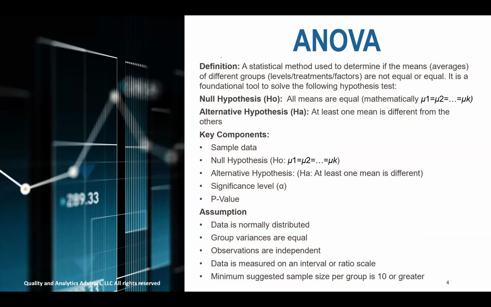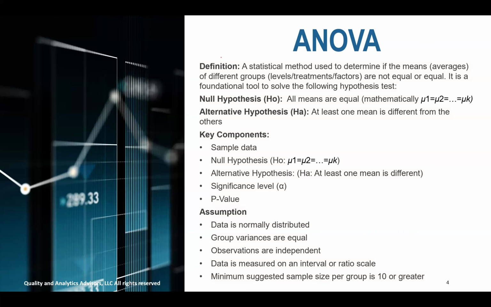For the most part, alpha is going to be set at 5%. That is customary to have an alpha of 5%, but you could set it at 1% or 10%. But the alpha level is going to drive your sample size. Higher alphas will require less sample.